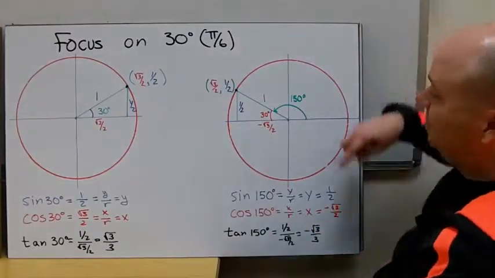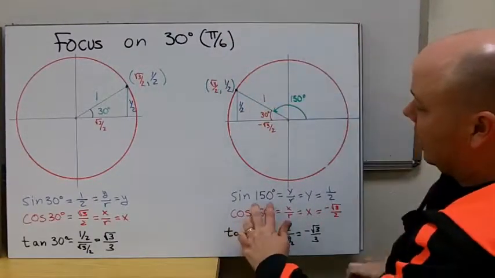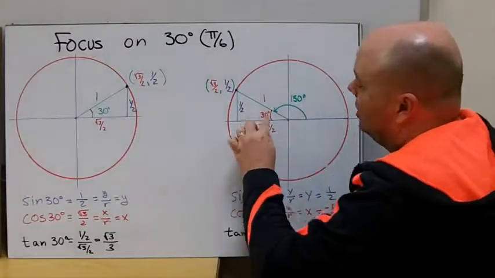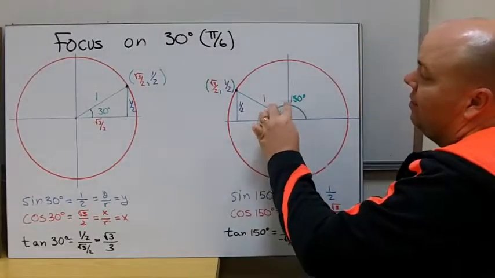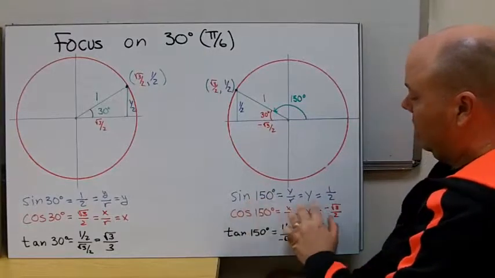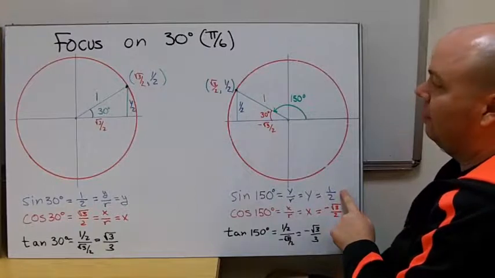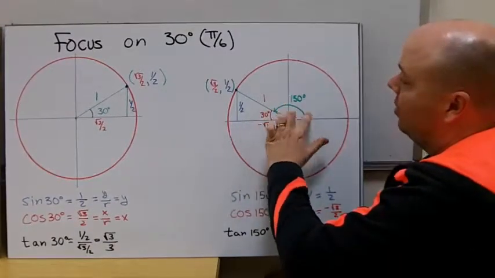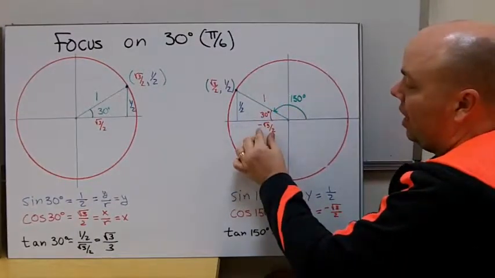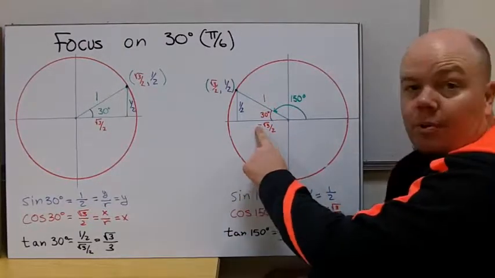So the sine is equal to the y value. If this is 30 degrees, then this whole angle is 150 degrees. So the sine of 150 degrees is equal to the y value, which is 1/2. Cosine of 150 degrees is equal to the x value, which is equal to the negative square root of 3 over 2.